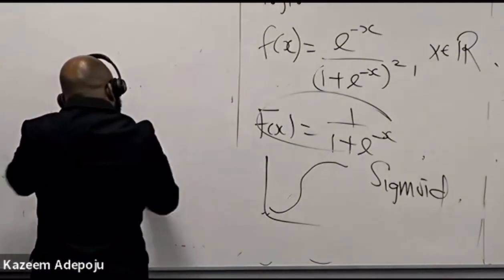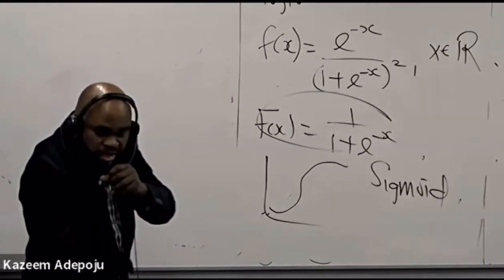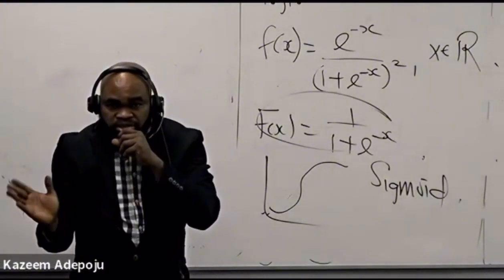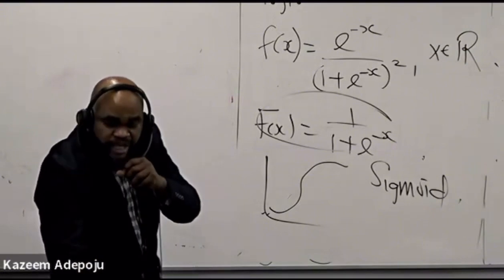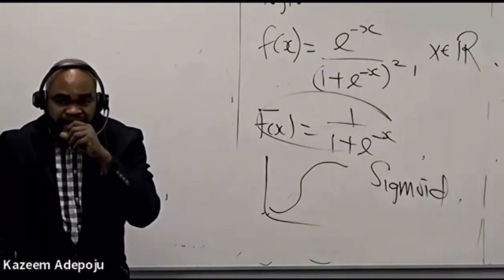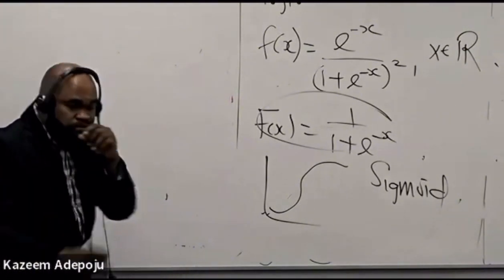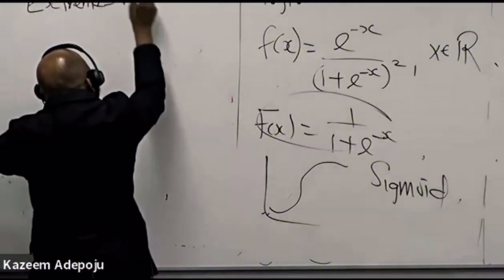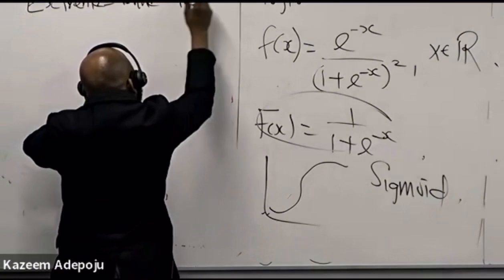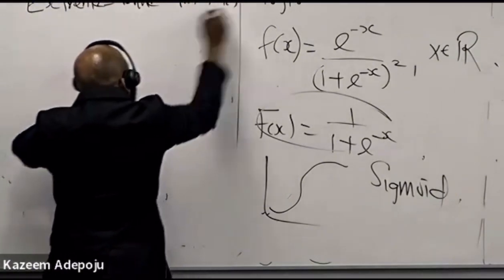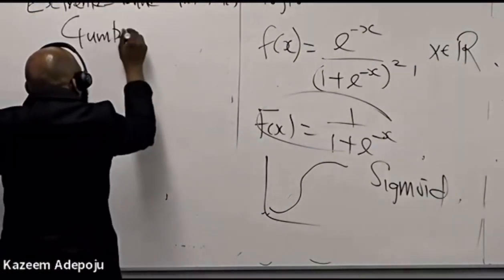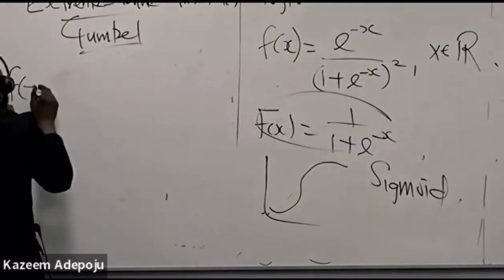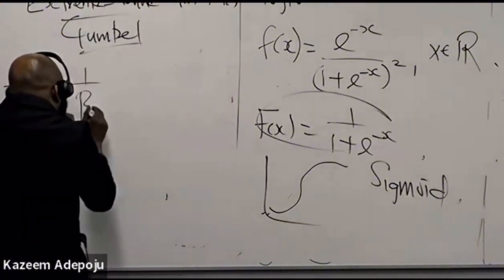The belief is that the way the range probability will be converted to a continuous scale, that probability is coming from an extreme value distribution that we call the Gumbel distribution. Okay, the Gumbel distribution is this.